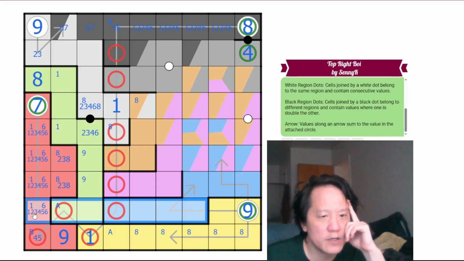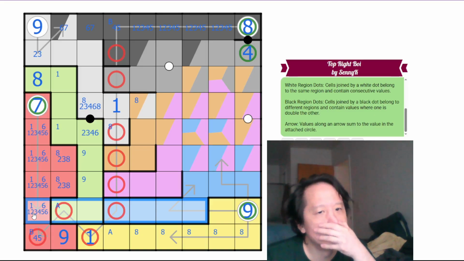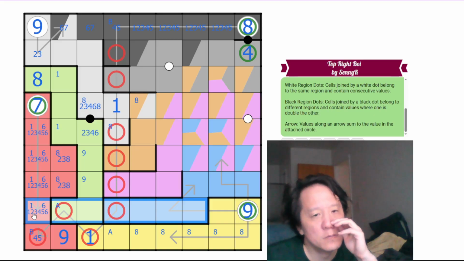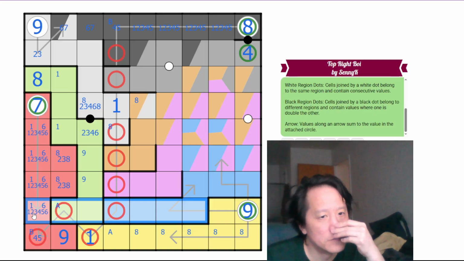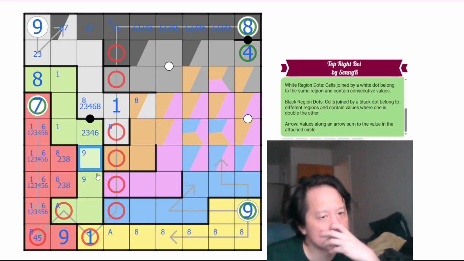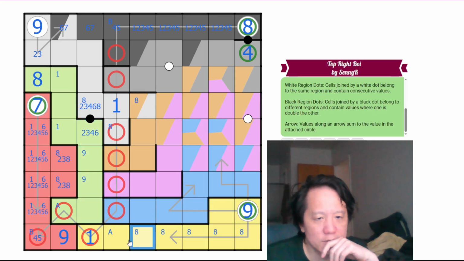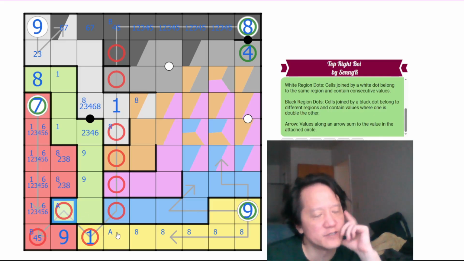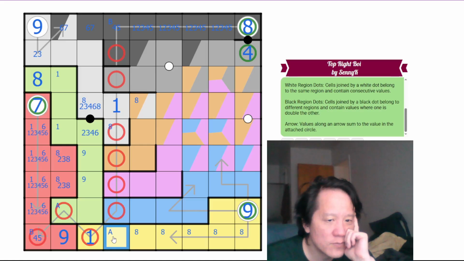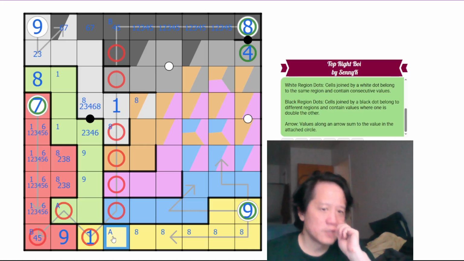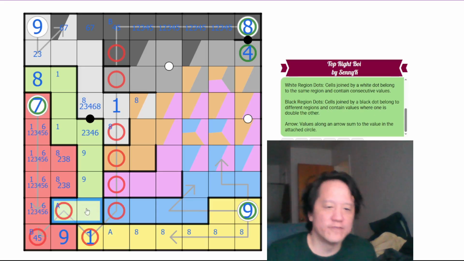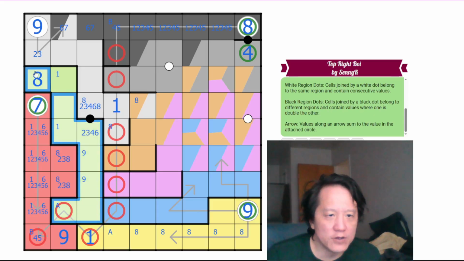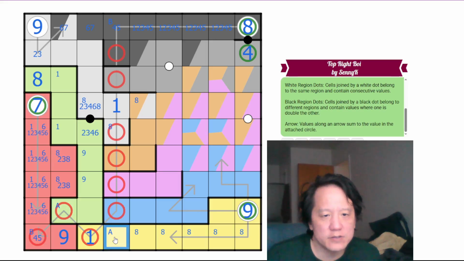We have 9 here. Okay. This can't be 8. It's the same as that digit. Therefore, because there's already an 8 in the green region, this can't be 8.